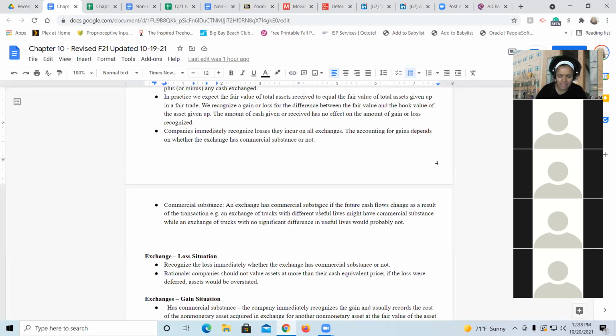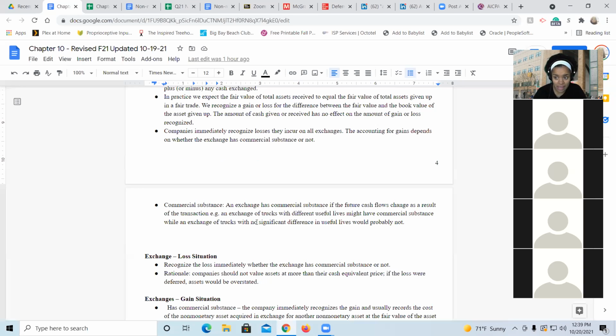Maybe the difference in the years is not enough, but let's just assume that there is a change in my cash flows as a result of the transaction, right? Whereas if I exchange a 2019 BMW for another 2019 BMW, maybe just with a little bit less mileage on it, that's not considered to have commercial substance, because what is really changing in my situation?